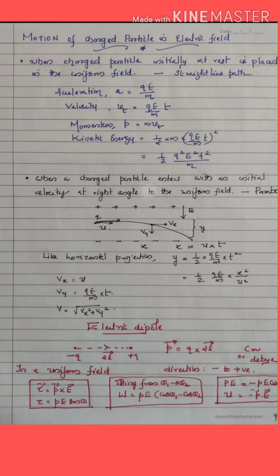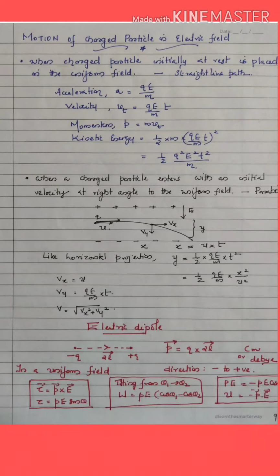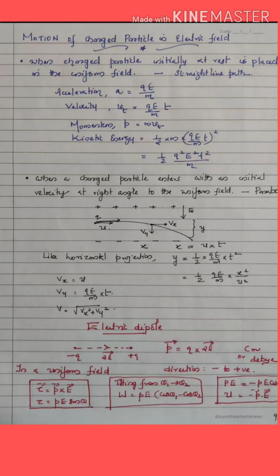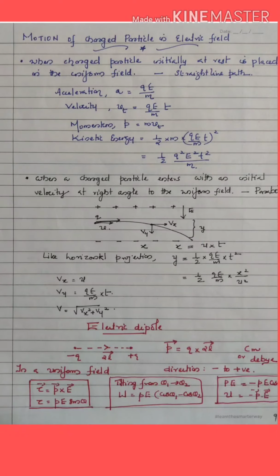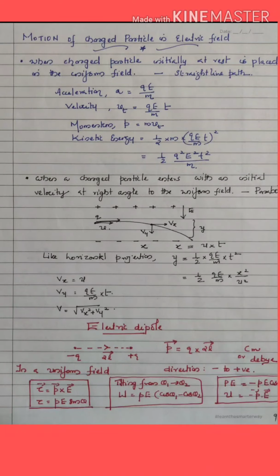Look, the next case. When the charged particle enters perpendicular to the field with velocity v, that situation is treated like a horizontal projection, with only the initial horizontal velocity; its vertical component becomes 0. Because of the attraction of the negative plate, it will move as a horizontal projection. So horizontally the displacement s is equal to ut plus half at square.